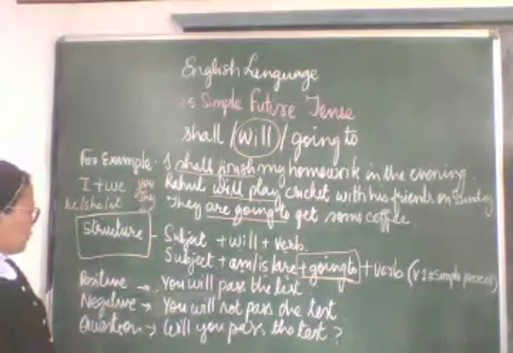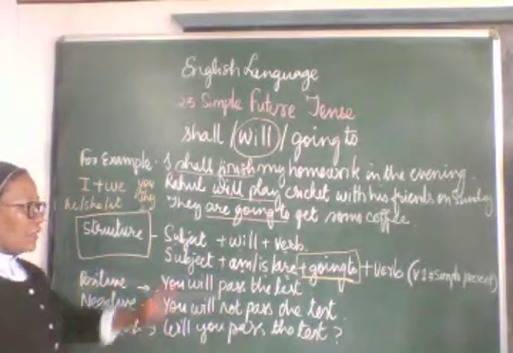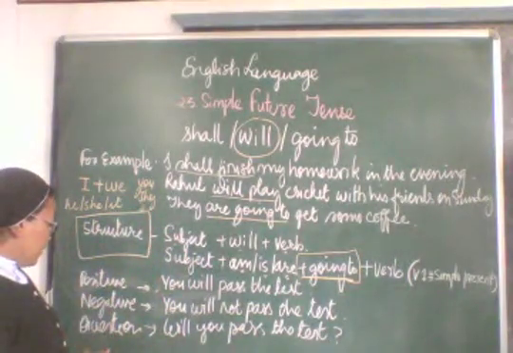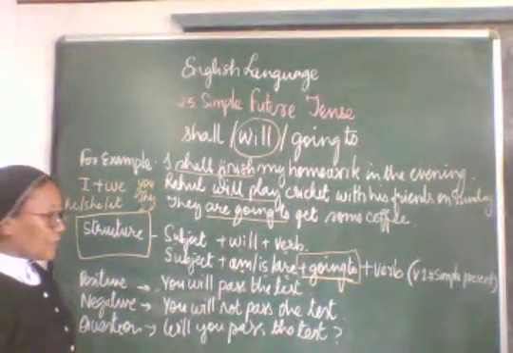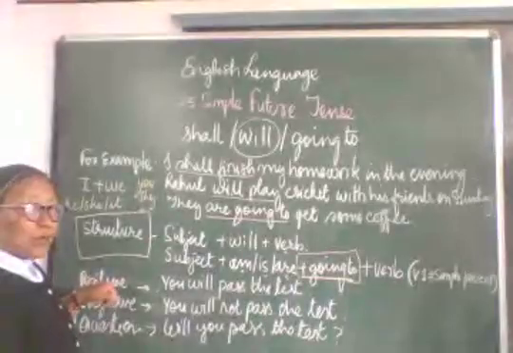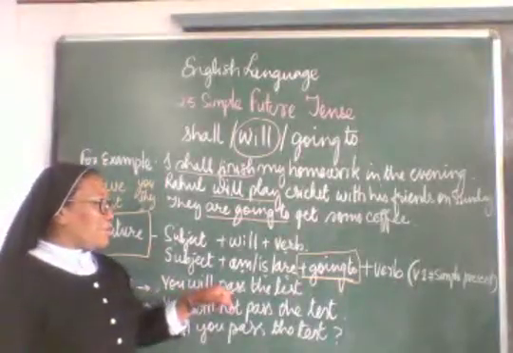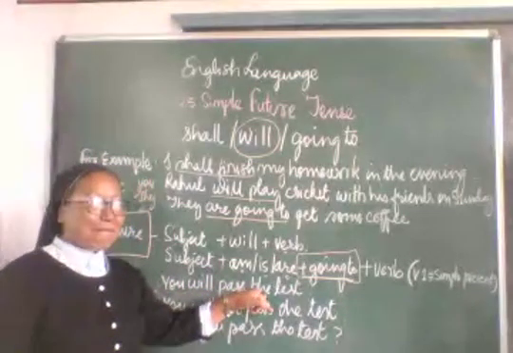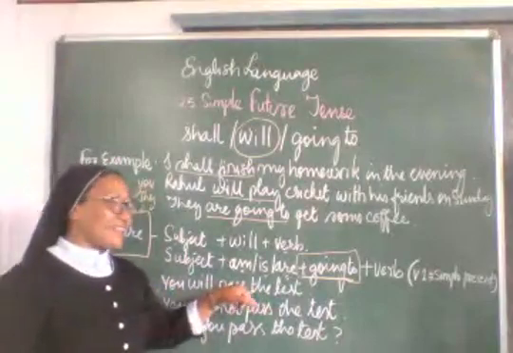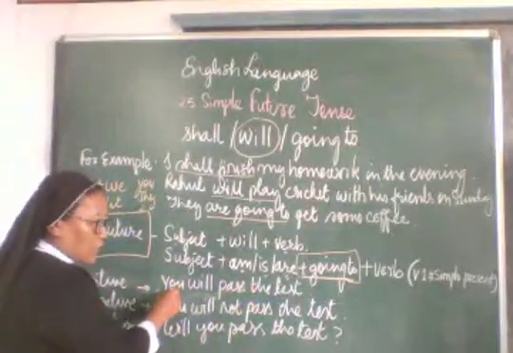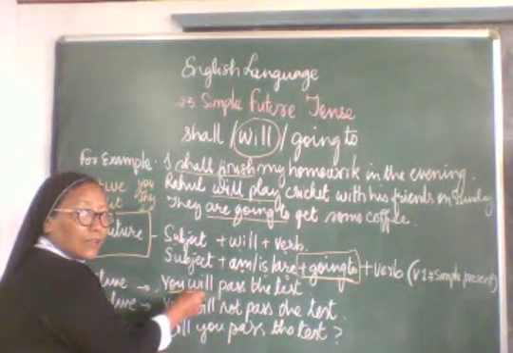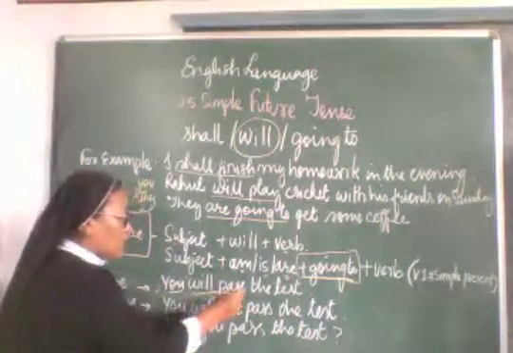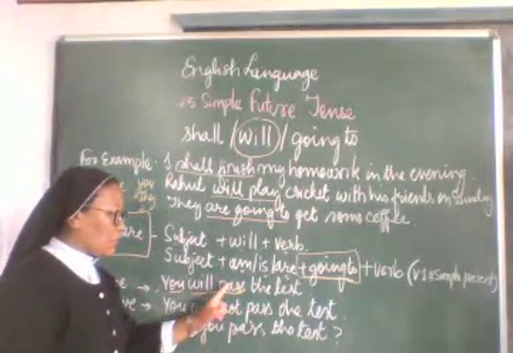All right, now let's see this form in positive, negative, and question sentences. So we'll see one at least. In the positive sentence, you will pass the test. Now we are doing the test now. So you will pass the test. You as subject, will pass as future tense, expressing future.